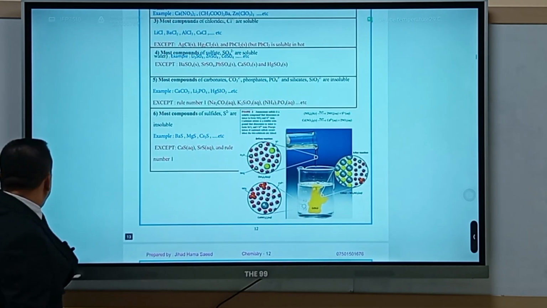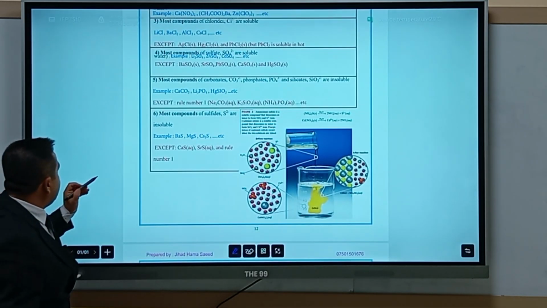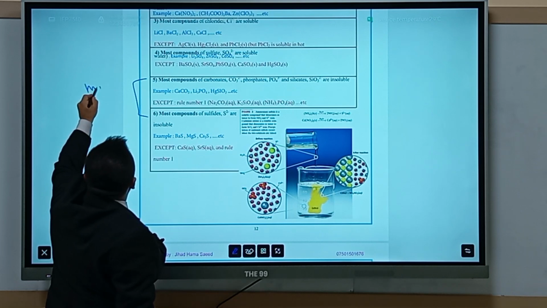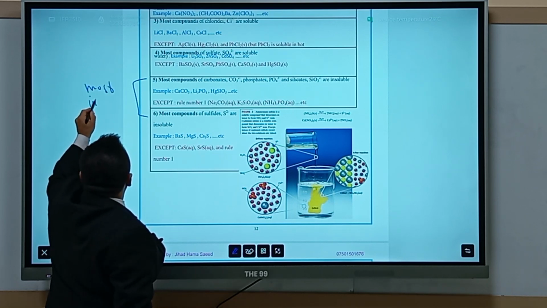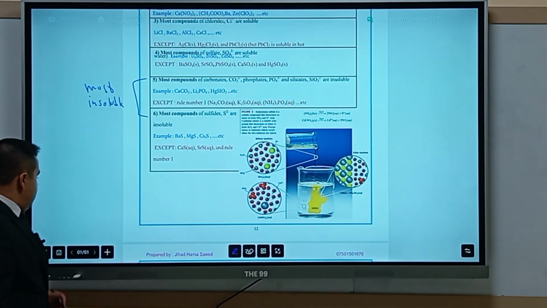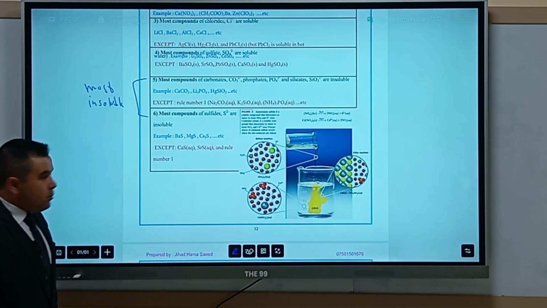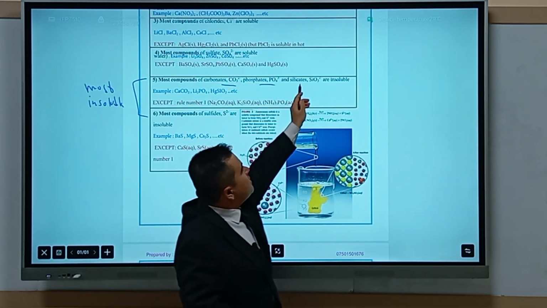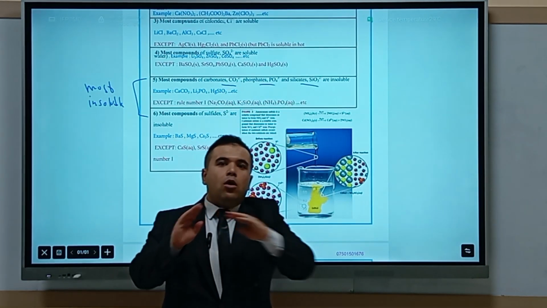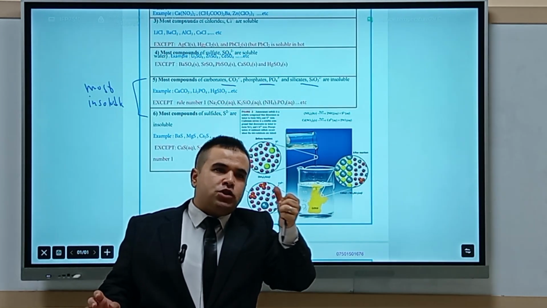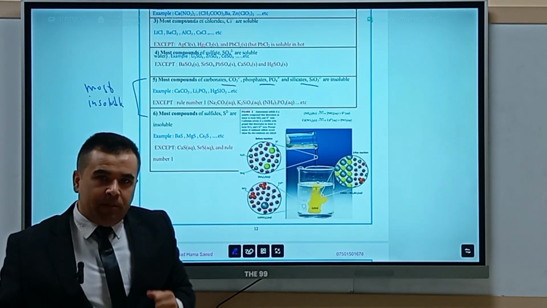The 5th and the 6th rules have a common property: they are mostly insoluble, guys. What are those mostly insoluble salts? Of course, carbonates, phosphates, and silicates are usually insoluble, except with rule number 1, which is sodium, potassium, and ammonium.